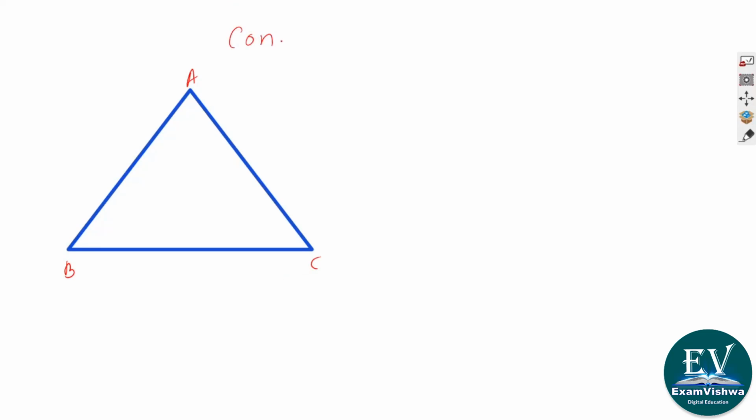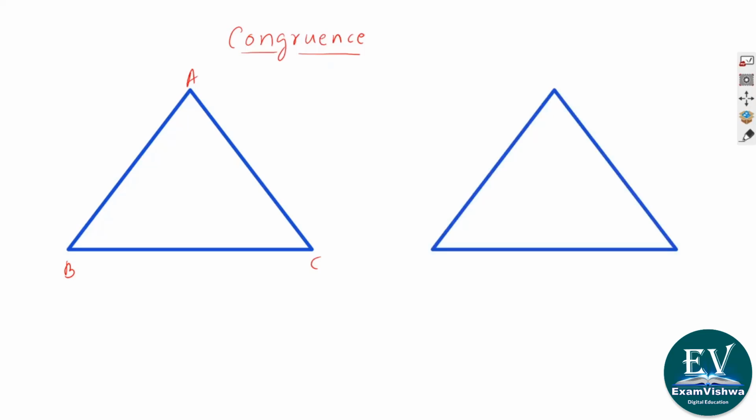Congruence, congruent is the spelling of it. What is the concept of congruence of triangles? Suppose that we have one more triangle like this, and I name it as EFG.